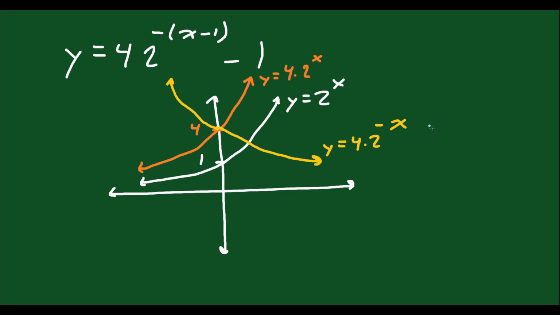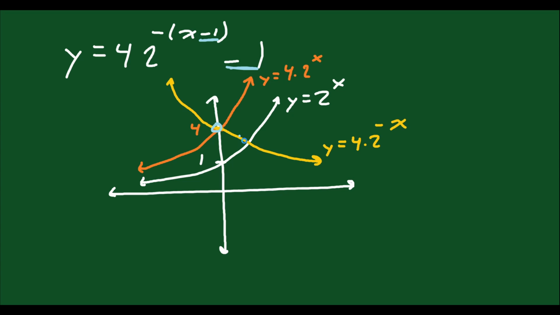Now we can apply our shifts. We're going 1 to the right and down 1, so we can move this whole shape down 1 and 1 to the right. This might be a little bit tricky to figure out, because the y-intercept here, for example, is going to go down somewhere here, but then when we move to the right, the y-intercept is going to be higher because the shape is moving to the right.